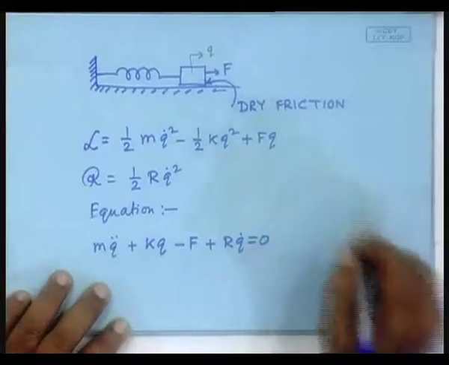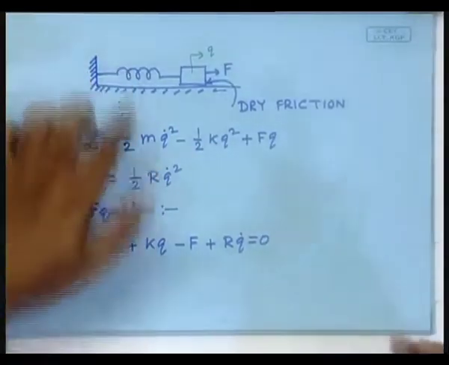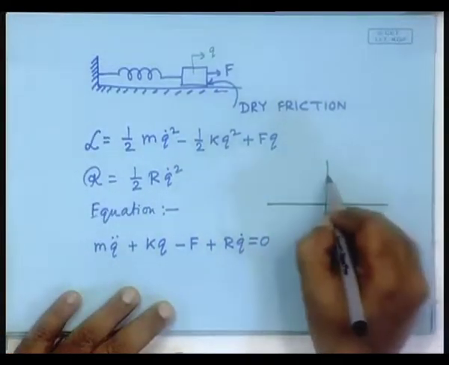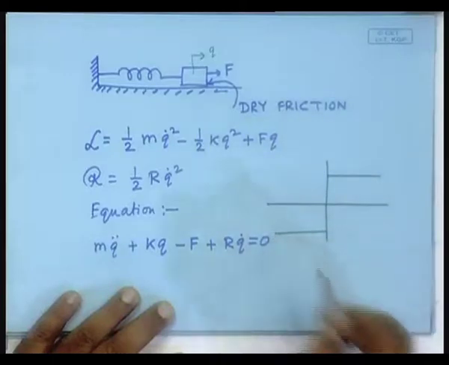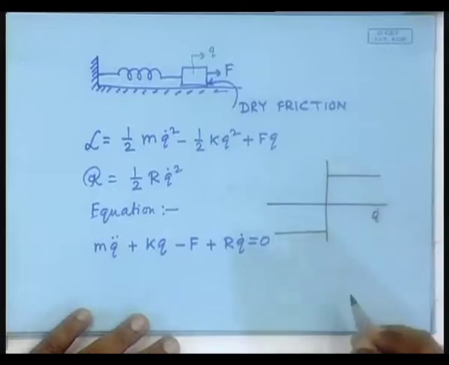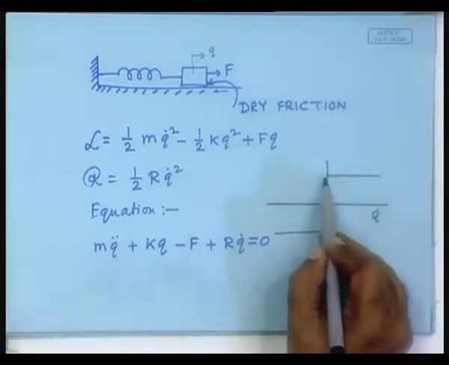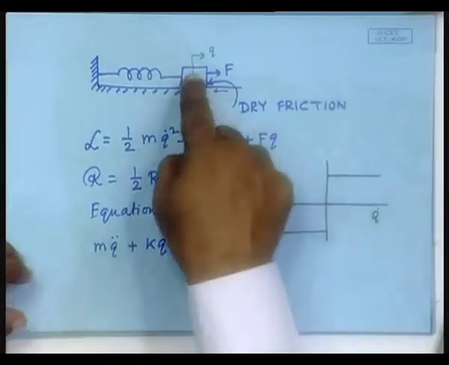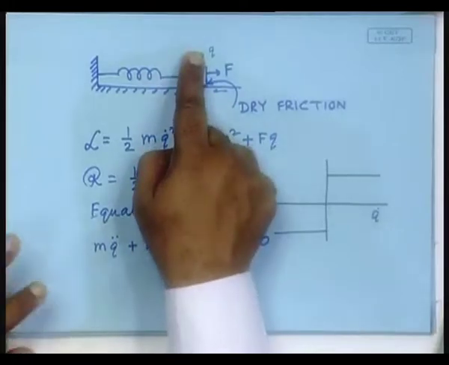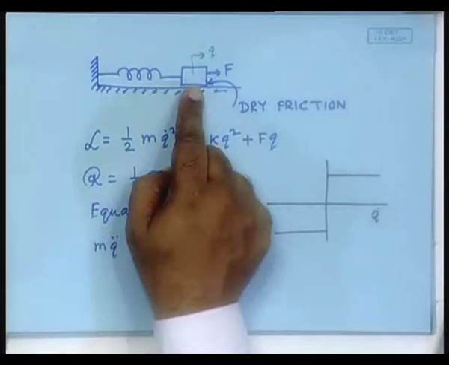Now, assume that the characteristic of this thing is represented as something like this. Here is q dot, and here is what? Suppose you are moving it, it will feel a reaction of mg, and there will be a coefficient, say mu.